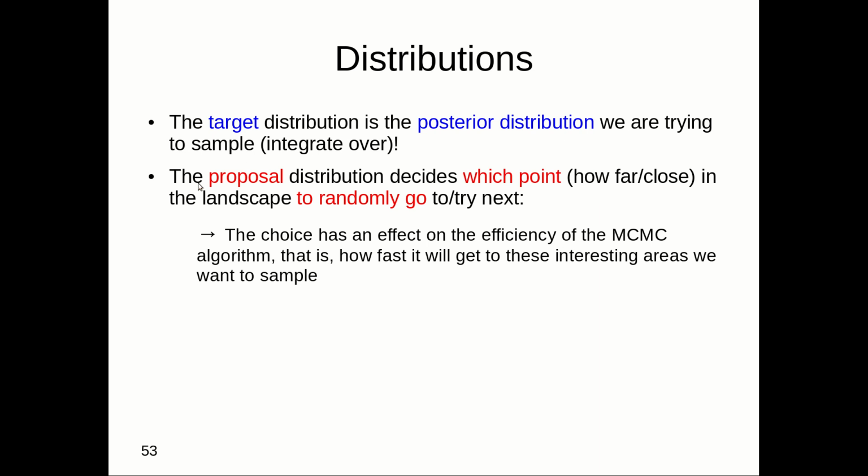The proposal distribution is actually part of the MCMC machinery, so it decides how far or how close from the current point in the landscape we're randomly going to go next. The choice of the proposal distribution has an effect on the efficiency of the MCMC algorithm. That means how fast it will get to those interesting areas of high posterior probability that we want to sample, and how long it's going to stay there.